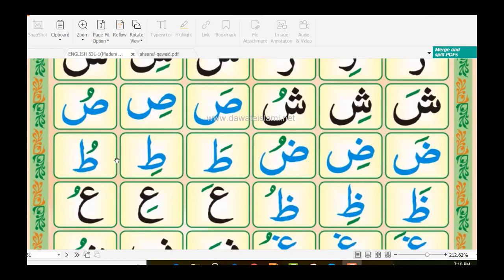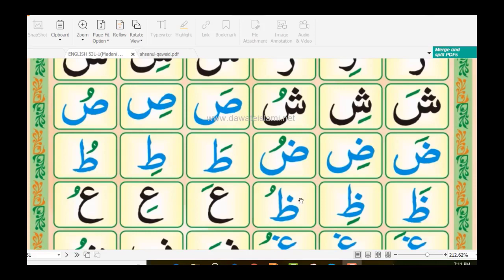So it is Ta, Ti, Tu. And the next line, the first 3 boxes are Dha fatha Dha, Dha kasra Dhi, Dha damma Dhu. Dha, Dhi, Dhu. These are also heavy letters, so we have to make the sound a little bolder.